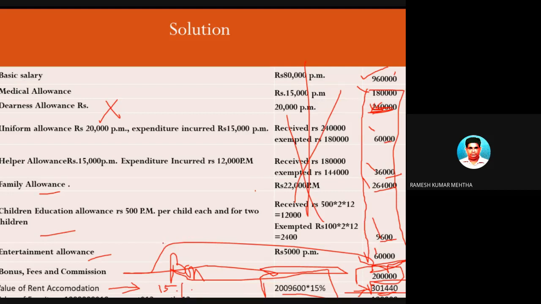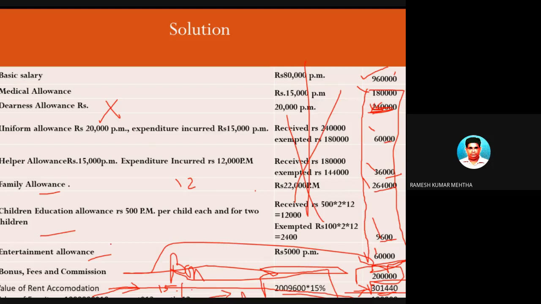Now please remember, this person is also provided with furniture. How much is the furniture? 10 lakhs. So he also got the furniture benefit, so how much is taxable? 10% for the full year. So 10 lakhs into 10% for 1 year, and I am assuming these calculations are for 12 months, as he has worked for the full year and is getting the furniture benefit. 10 lakhs into 10% into 12 months by 12, so the value of the furniture benefit is 1 lakh rupees.